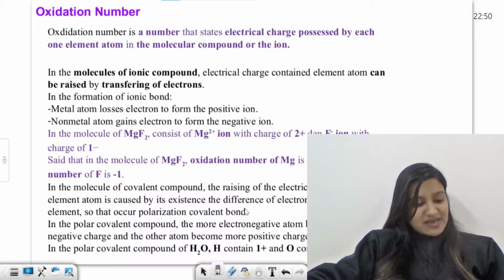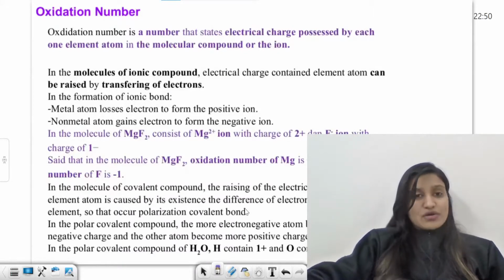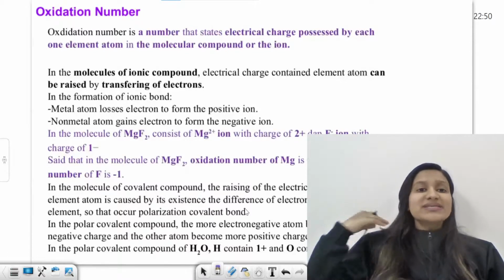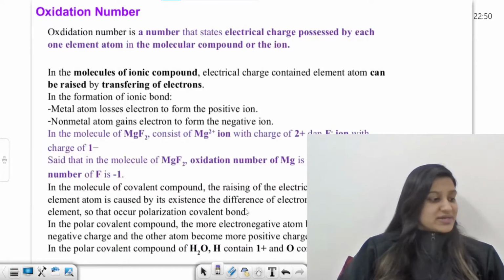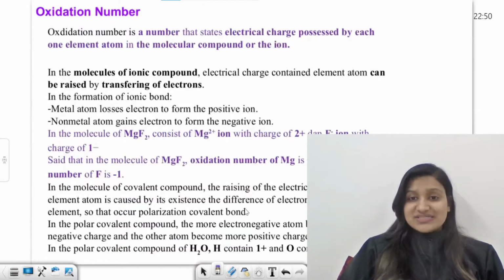So again, oxidation number is a number that states the electrical charge possessed by each element atom in the molecule, compound or ion. So in the molecules of an ionic compound, the electric charge contained by an element atom can be raised by transferring electrons.